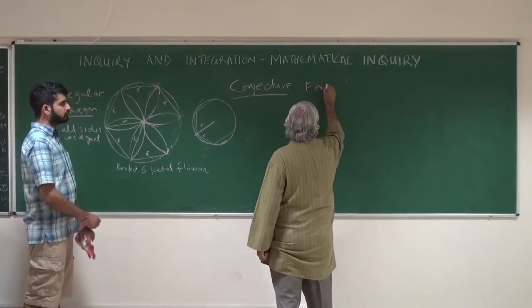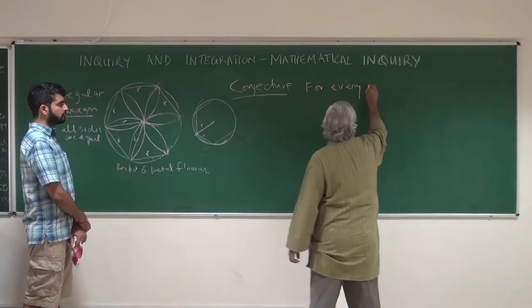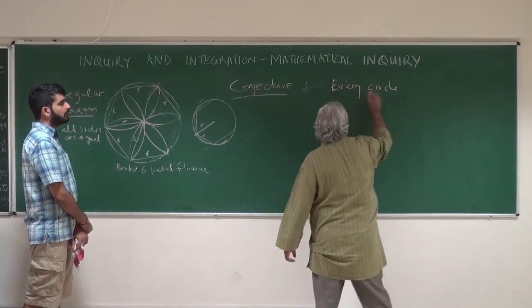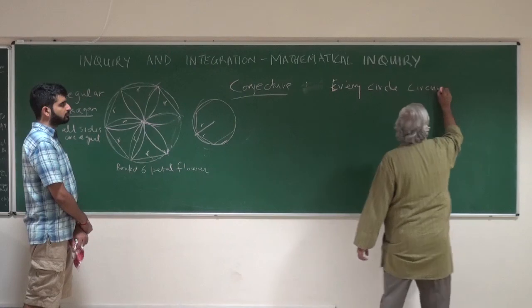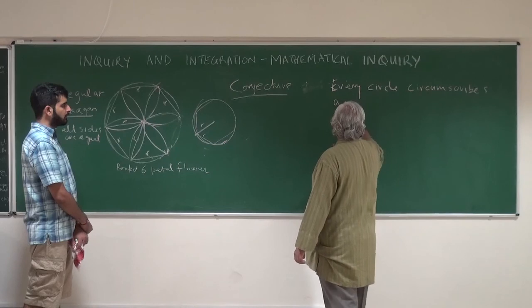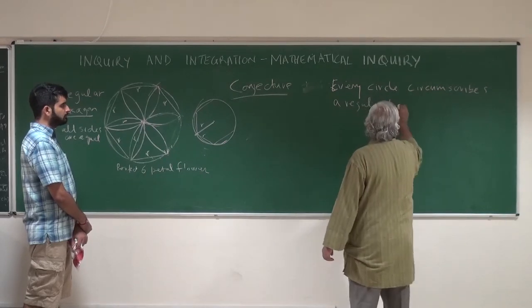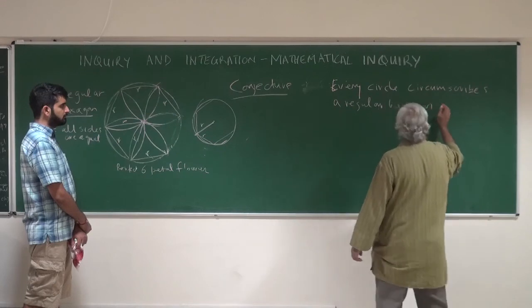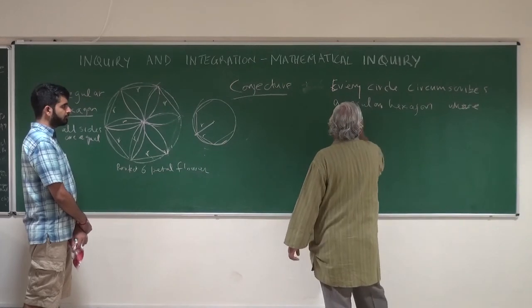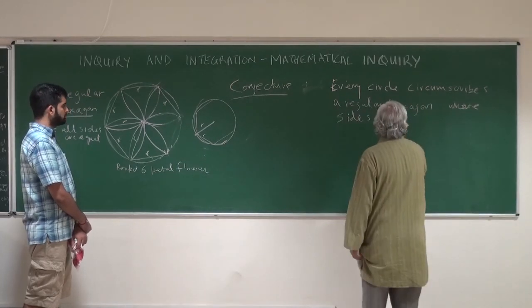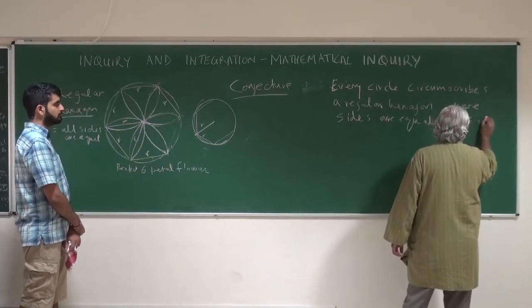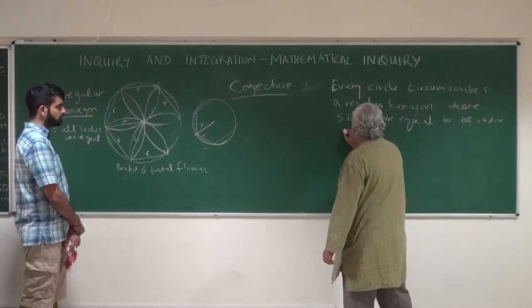For every circle, a regular hexagon can be inscribed whose sides are equal to the radius of the circle.